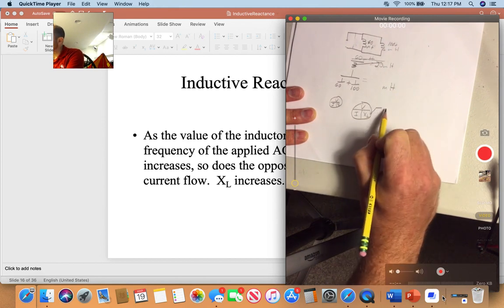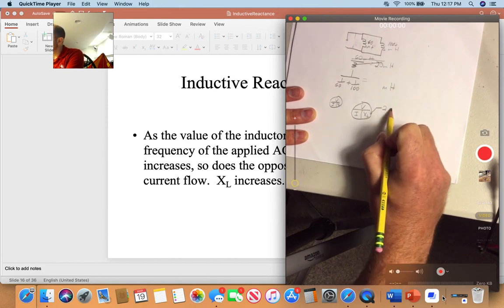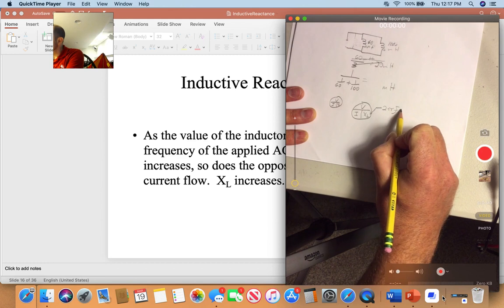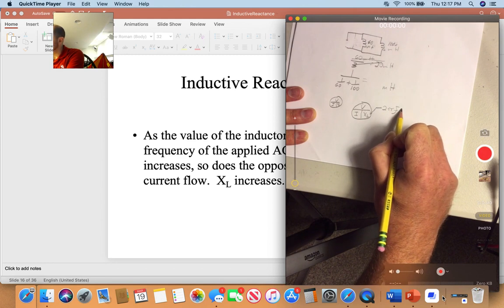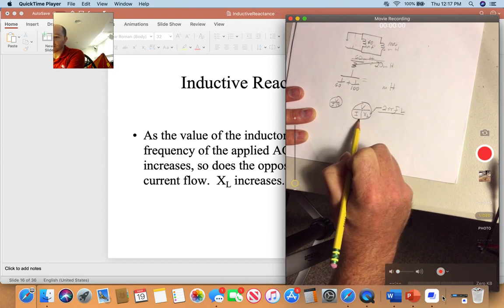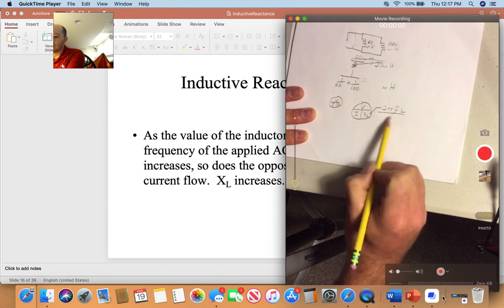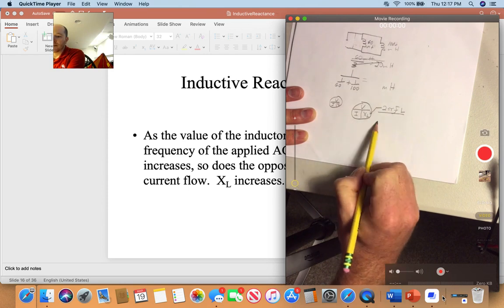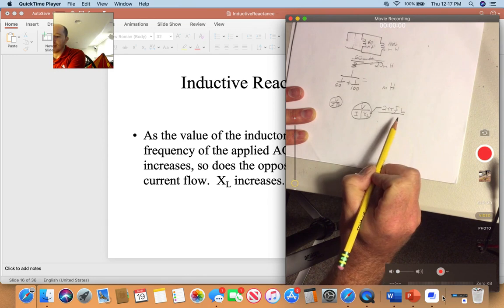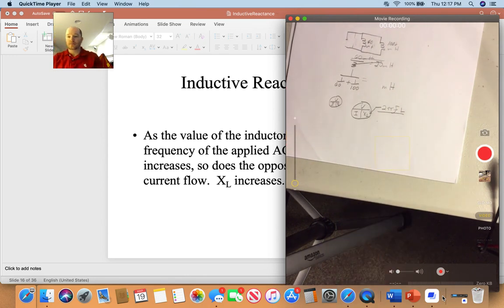It's going to be 2 pi, frequency, and inductance in henries. This would be the first step in figuring these out. This is how we calculate X of L when the frequency is known and when the inductance is known.